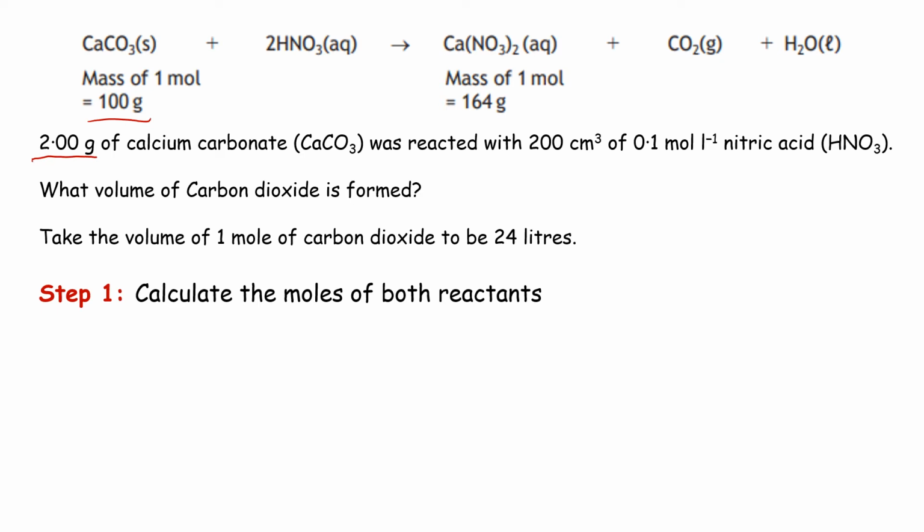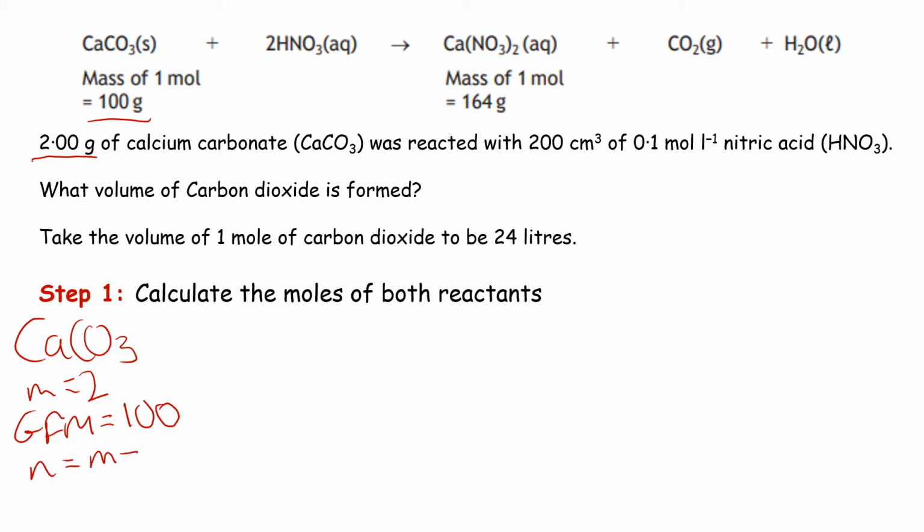So when we're calculating our moles of both reactants for our calcium carbonate, CaCO3, we know we've got a mass of 2 and a GFM of 100. Now n equals m divided by GFM, which is 2 divided by 100, which is 0.02. Sorry, make sure that decimal point is in there. 0.02 moles.